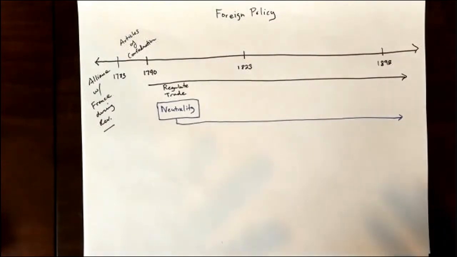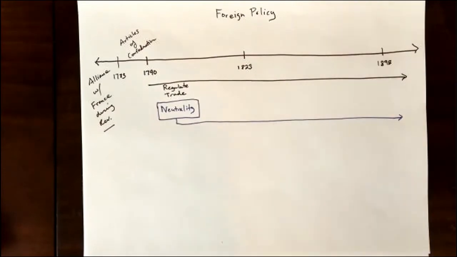And by the time Washington becomes president, there is the beginnings of the French Revolution, which begins in 1789. And there are calls by a lot of people, including the Secretary of State at the time, Thomas Jefferson, for America to get involved and help France. This creates this huge debate in this country about whether or not America should get involved.